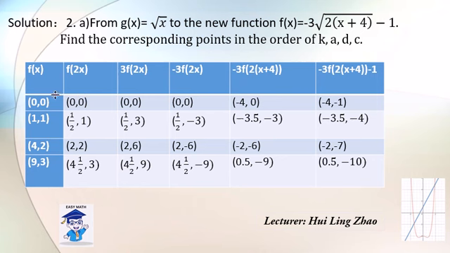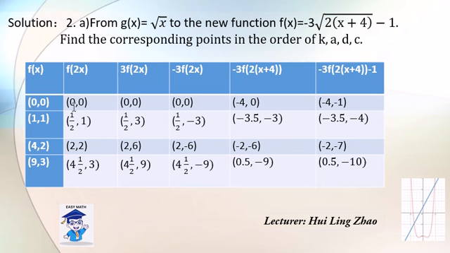We identify one by one. For the first point, (0, 0), consider k is 2, so the point changes into (0, 0), the same thing, because here k influences the x value, so 0 times 2 is still 0.